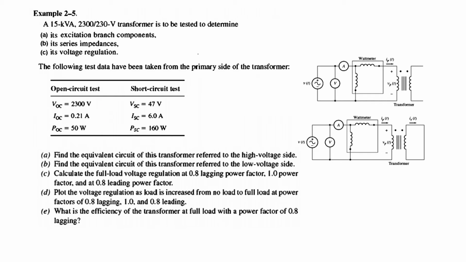So the following data were obtained by the open circuit test and short circuit test. So these are the data that we obtained from these two tests, and now we need to find these 5 parameters. So we'll do these one by one.